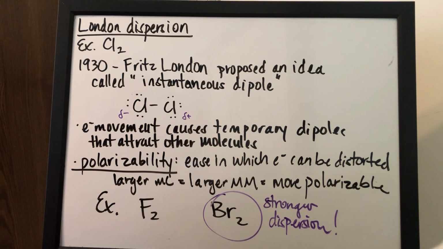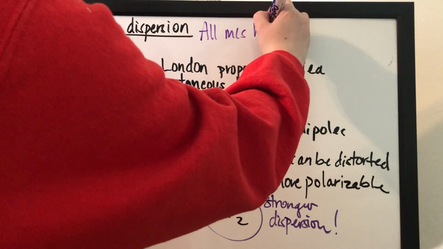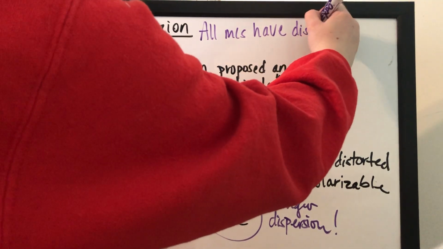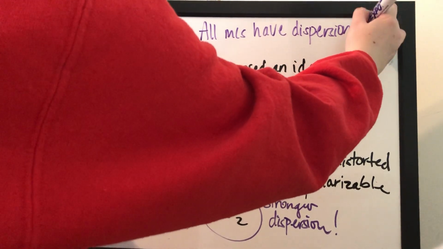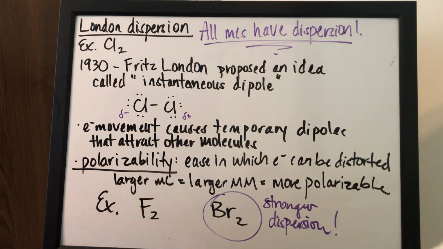Now, one more point I want to make with dispersion, and it's a huge point, is that all molecules have dispersion. If you think about it, every molecule that exists has electrons that can be moved to create these instantaneous dipoles. So every single molecule that we'll ever talk about in terms of intermolecular forces has dispersion forces, but they're the weakest.